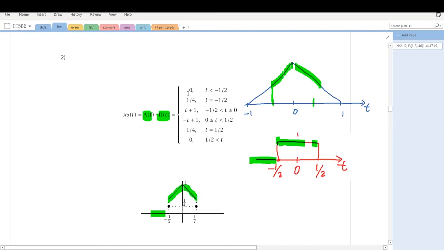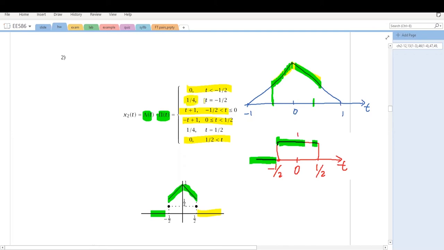As long as we have it here, when t is less than half, that's 0. When t is greater than half, that's 0. That's here. And then when t is in between minus half and half, it equals this function. That's the triangular function here, t plus 1 and minus t plus 1.